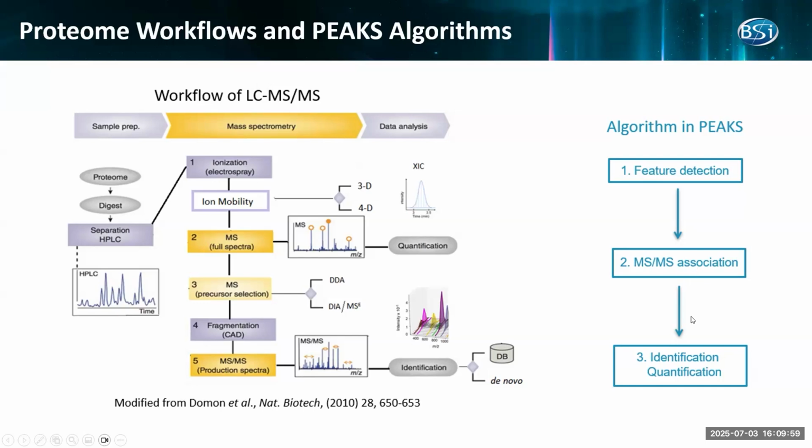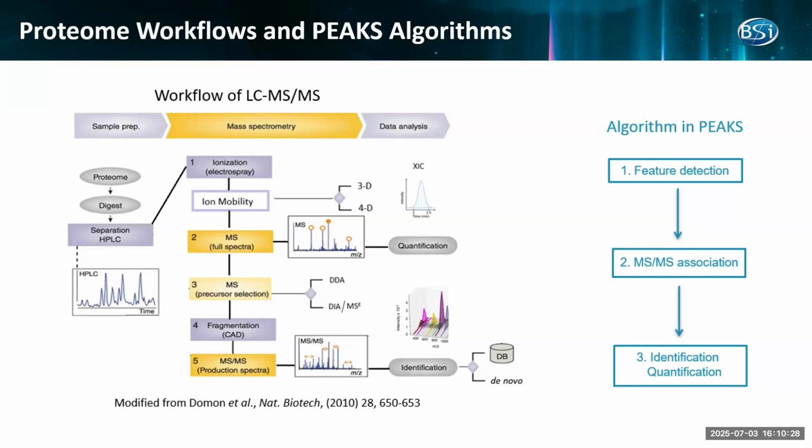Finally, based on those, we do identification and quantification. For identification we use different approaches: de novo, database and library search. For quantification we can use chromatogram, or Apex information, to get the quantitative information that best fits the data. So this is the logic.